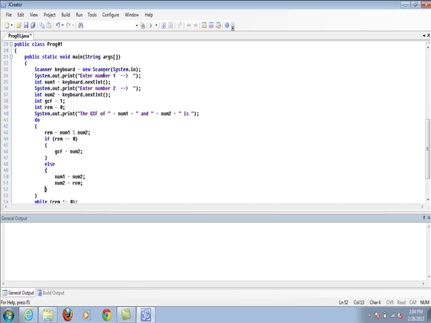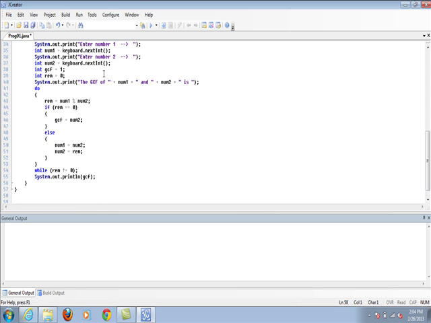And the secret to this one is to take a look at your do while loop, and you want to keep dividing number 1 by number 2 until you find the solution or the common factor where the remainder is going to be equal to 0. So this is going to keep dividing, running through this part of the loop, while the remainder of number 1 divided by number 2 does not equal 0.